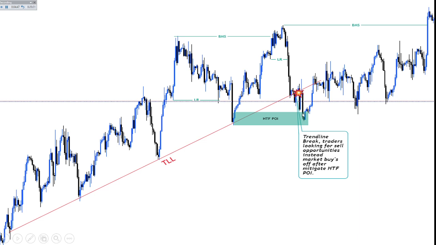But in cases where you consider a risky entry right here without lower time frame confirmation, this move just gives you that early signal of a reversal, so a reversal might be plausible. As such, you should wait for a lower time frame confirmation.